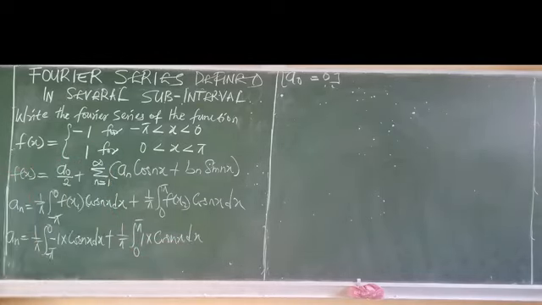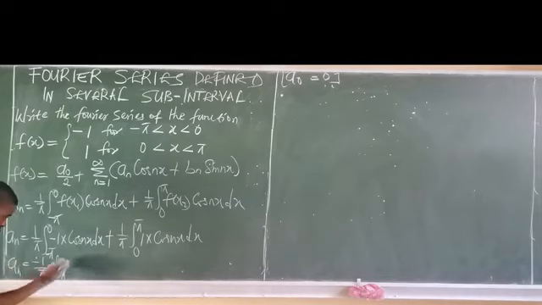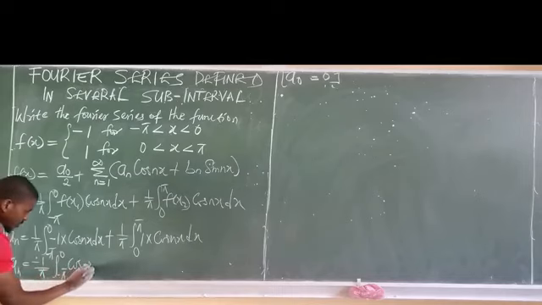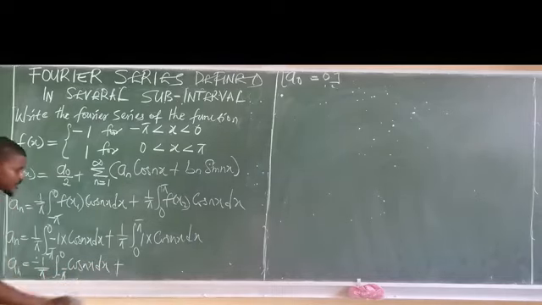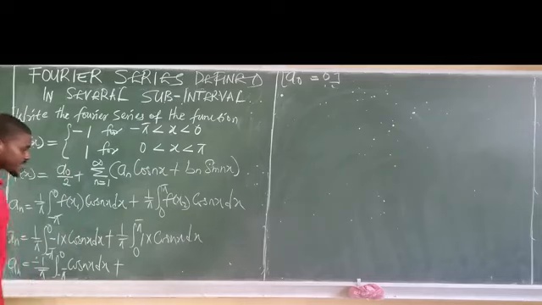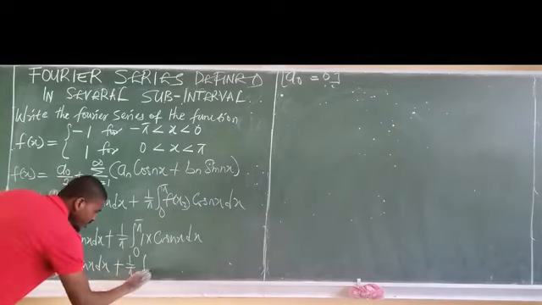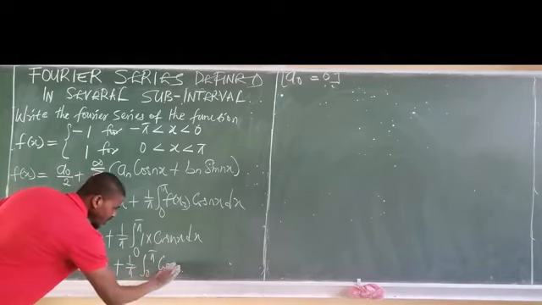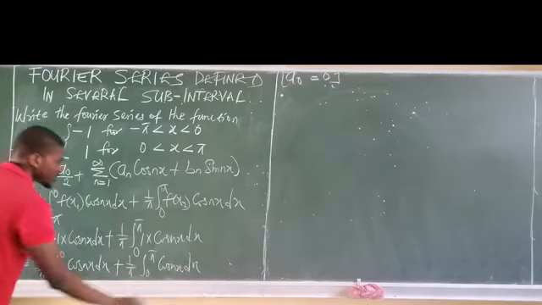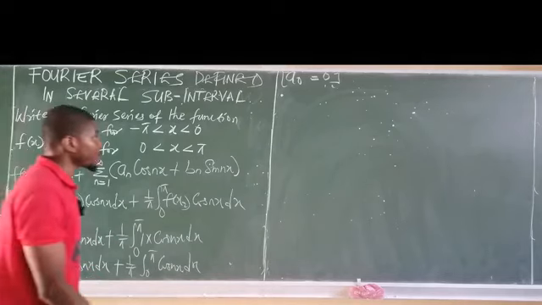And an equals, of course, minus 1 times cos nx dx remains minus cos nx dx. So factoring the minus sign out, this becomes minus 1 all over pi integral from minus pi to 0. I'm left with cos nx dx, plus, similarly, 1 times cos nx dx remains cos nx dx. This is 1 all over pi integral from 0 to pi cos nx dx.